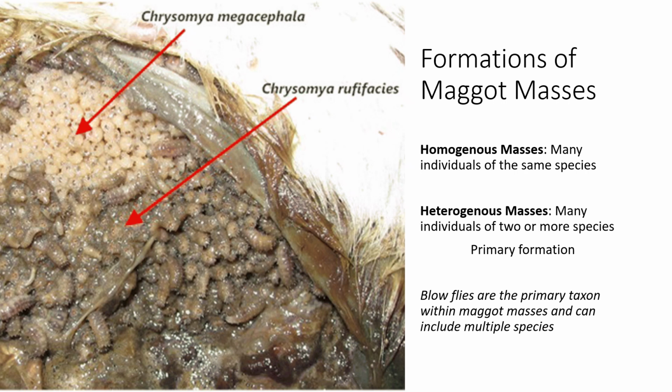When we have the actual maggot masses, the majority of the species are going to be of the blowfly family. So that's going to be comprising a lot of different species, but usually it's multiple blowflies that are on, maybe with one or two other groups associated with them.